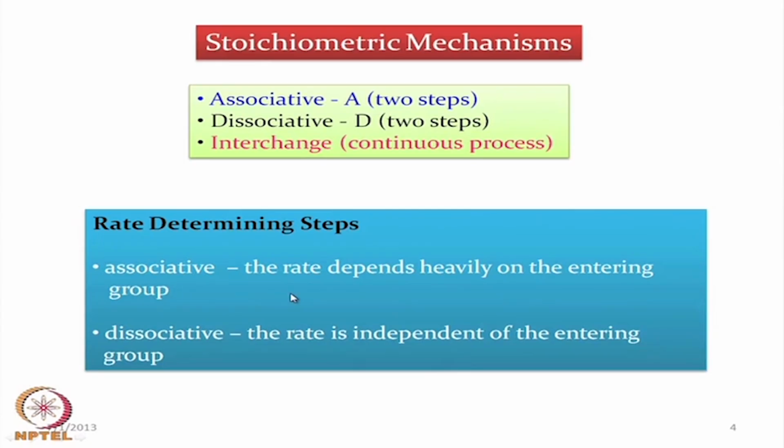So, if the rate of the reaction is dependent on the entering group, we can consider that the mechanism of the reaction is associative in nature, and if it is dissociative, the rate of the reaction would be independent of the entering group, so it will not be dependent on the entering group, and we can have this reaction which is dissociative in nature.